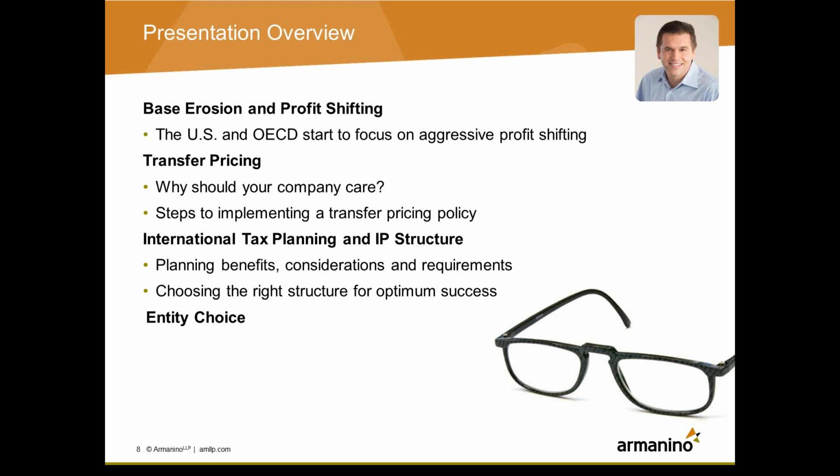Then we'll take a look at some international tax planning, specifically around intangible property maximization from an international perspective, and some of the benefits that can be derived from such a structure, which of course are generally a lower effective tax rate and some management of the IP that coexists with transactional flows in the business environment from an operational perspective.